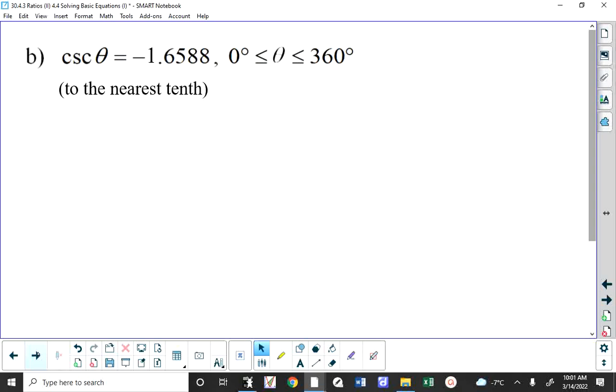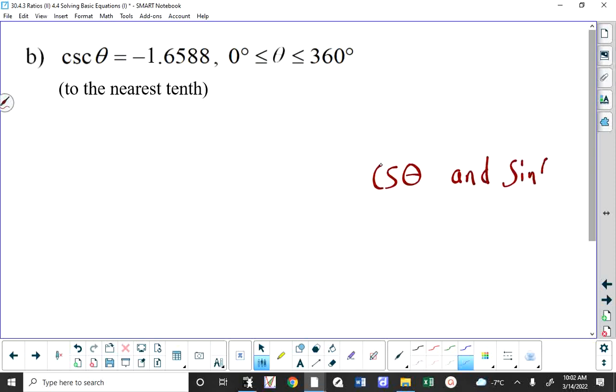So the very first problem we encounter here is you don't have a cosecant key where you can go inverse cosecant. So we're going to rewrite this. Remember that cosecant and sine are reciprocals.